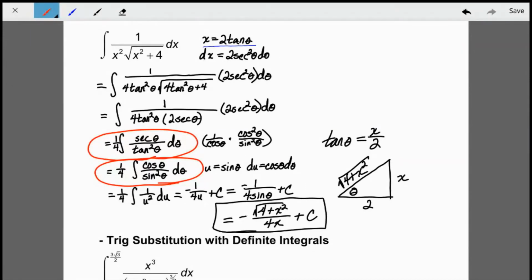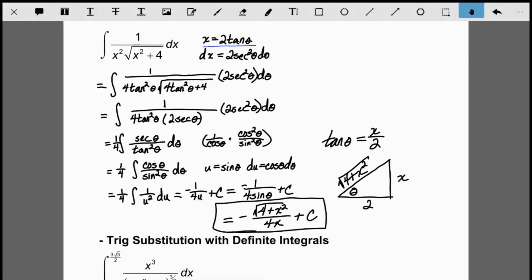If you can figure out what to do when you've got everything in terms of theta, then it's all downhill from there. But that's the tough part, it just turns into an integral with trig functions. A lot of times trig identities, maybe u substitution, but somehow you're going to have to feel your way through that to figure out what you're going to do once you get everything in terms of theta.